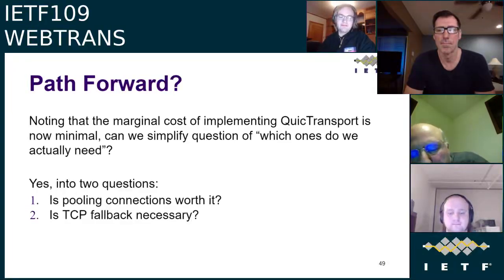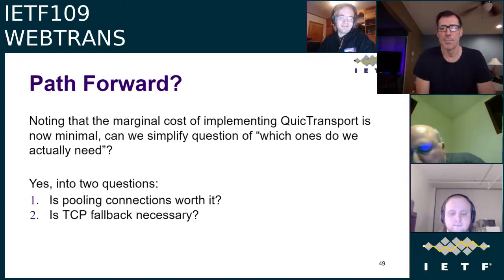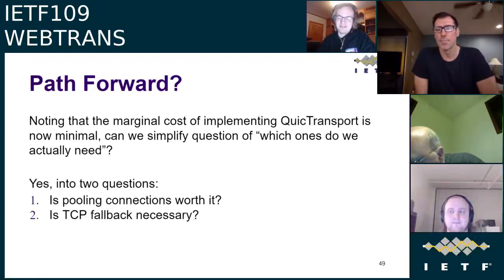But you need to have two connections to the same host that both need to transfer a lot of data for that to even be a benefit. So either you have two WebTransport connections to the same host, both using a lot of data, or you have an HTTP connection and a WebTransport connection, again using a lot of data.